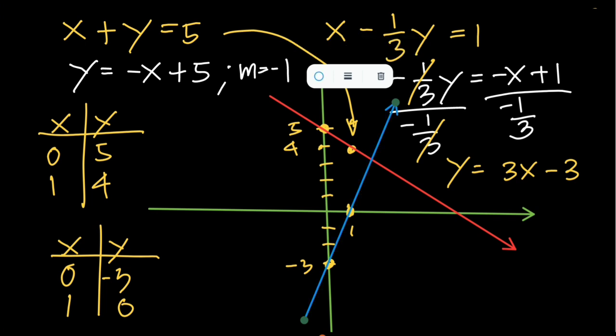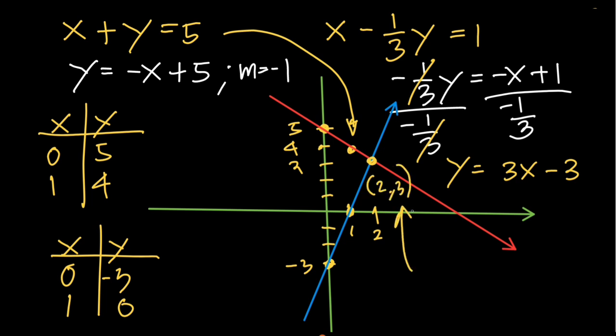Change that to blue. Alright. Now the point of intersection here, it should be this one. 2, 3. So the solution to this system of equations is 2, 3. X equals 2, y equals 3.